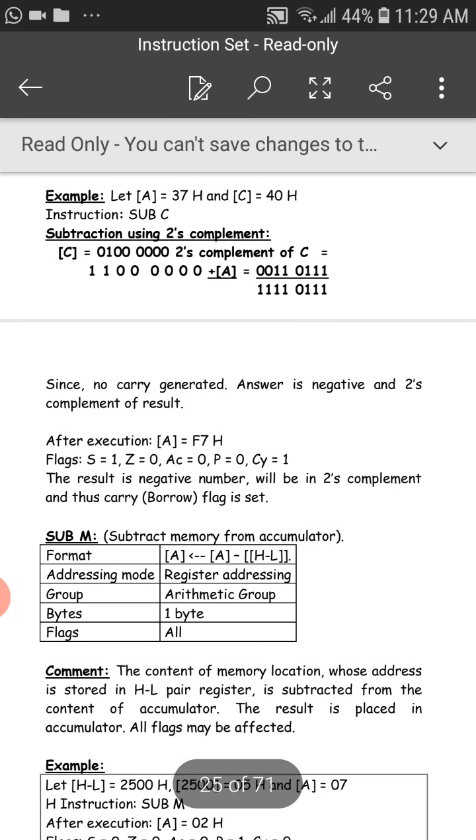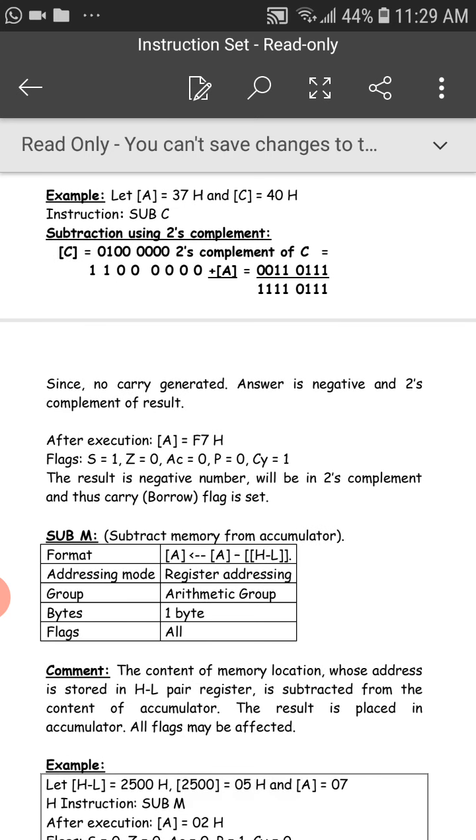If the accumulator contains 37H and C contains 40H, and the instruction SUB C executes, you have to take the complement of the C content, that is 40H. So for the complement, wherever there is a 0 you make it 1.